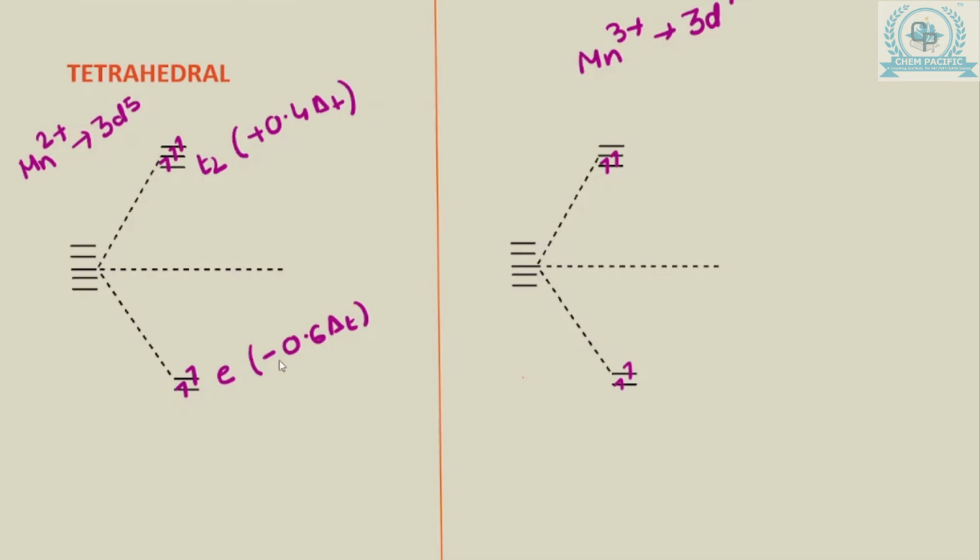Why is it so? Because we know the tetrahedral complexes are always high spin complexes, right? So their energies will be minus 0.6 delta T for E and plus 0.4 delta T for T2.